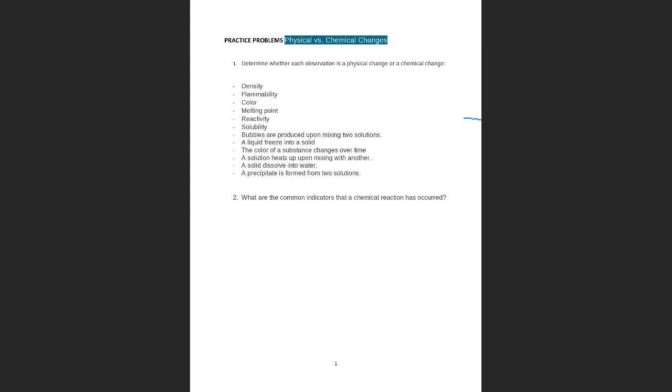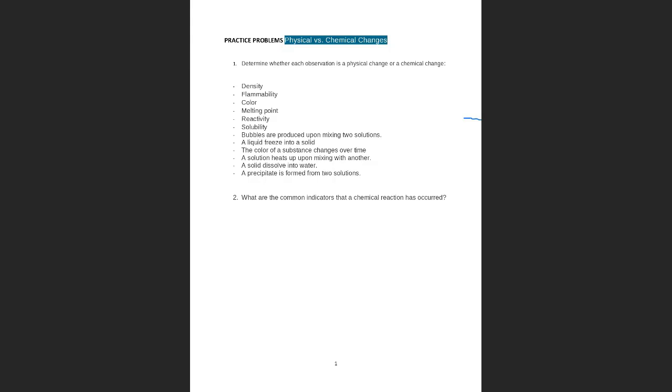What do you think? Okay, you think it's a chemical change. Why do you think it's chemical? Let me see. What is density? Density equals mass divided by volume. Density is a property of each substance. When I measure the mass, I put it in a balance. Do I change the identity of the compound?